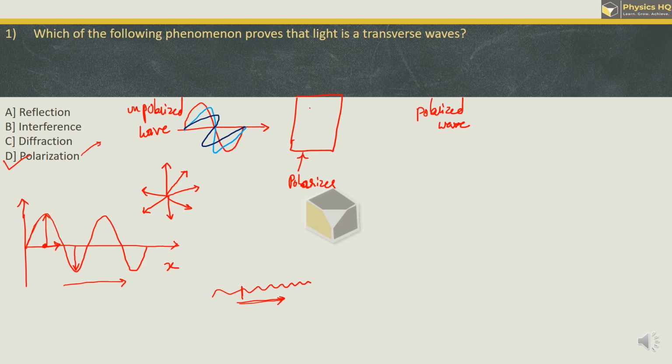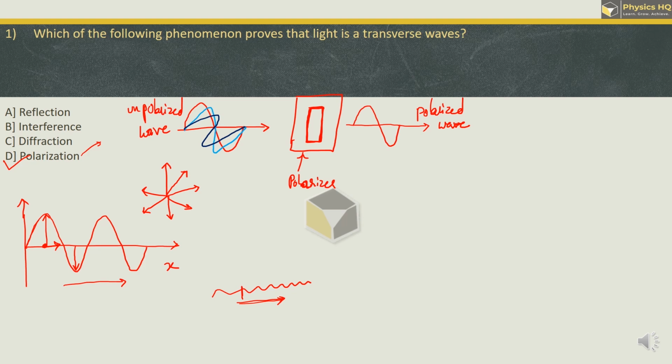Now the job of this polarizer is to pass the waves which have a particular orientation. In our case, the opening in this polarizer is vertical, so it will only allow waves which have vertical orientation. So when we pass these waves over here, we will find that only the red wave is able to pass through.